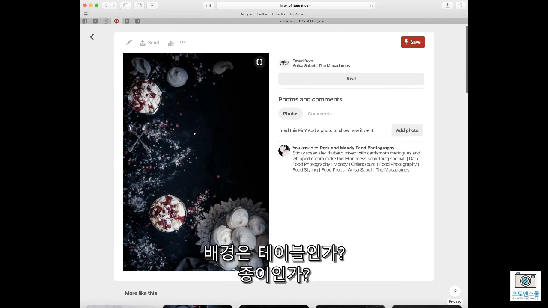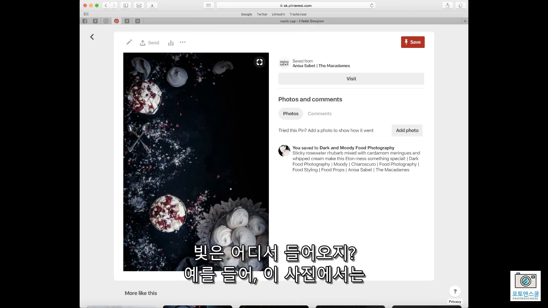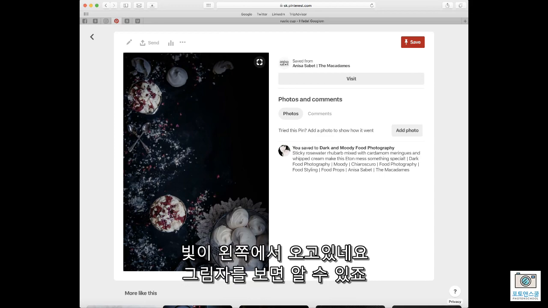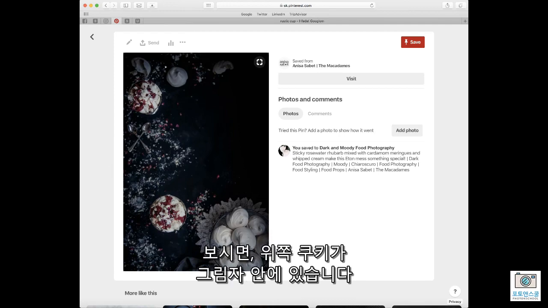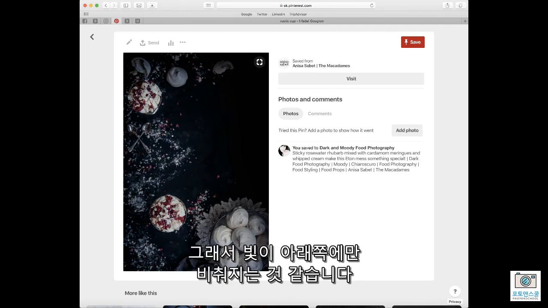It is a desk, it is paper, it is textile. Where is the light coming from? So in this picture, the light is coming from here. You can see it because of the shadows. And these cookies are in the shadow. So I think here is a light blocker, so that the light is allowed to hit just these objects.